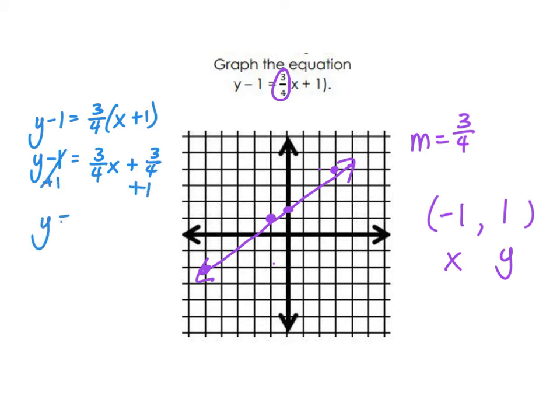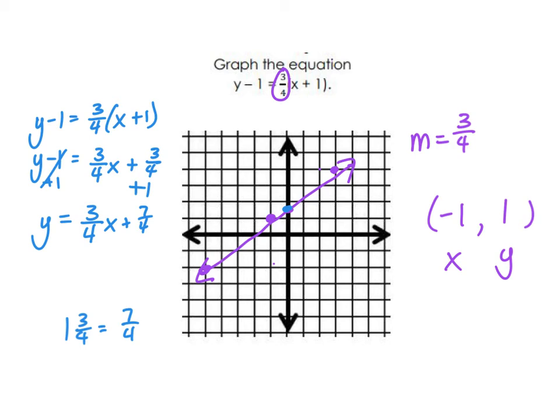So y equals 3/4 x, and then 3/4 plus 1 is 1 3/4. I'm going to change it to improper, so it would be 7/4.